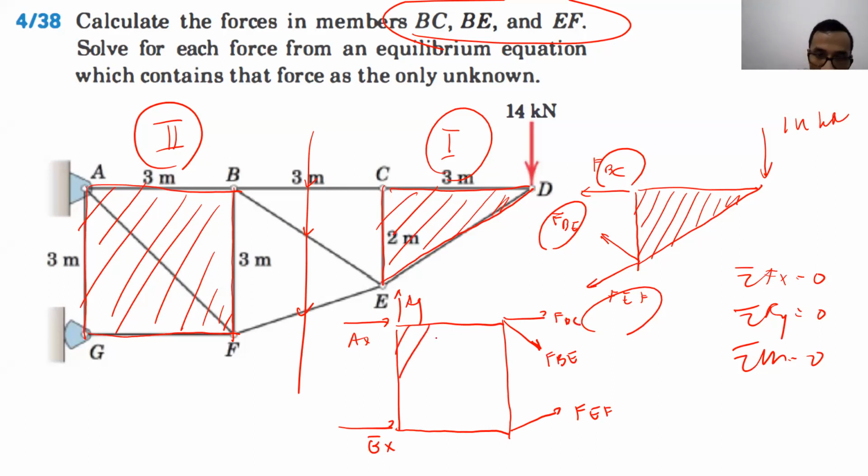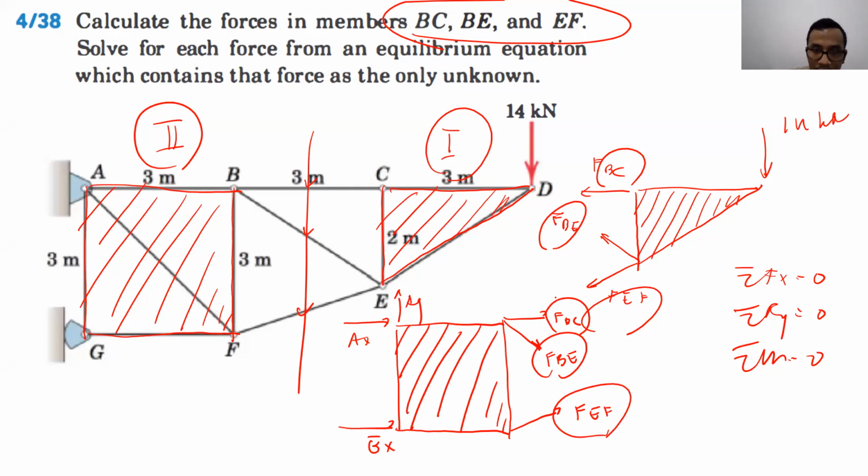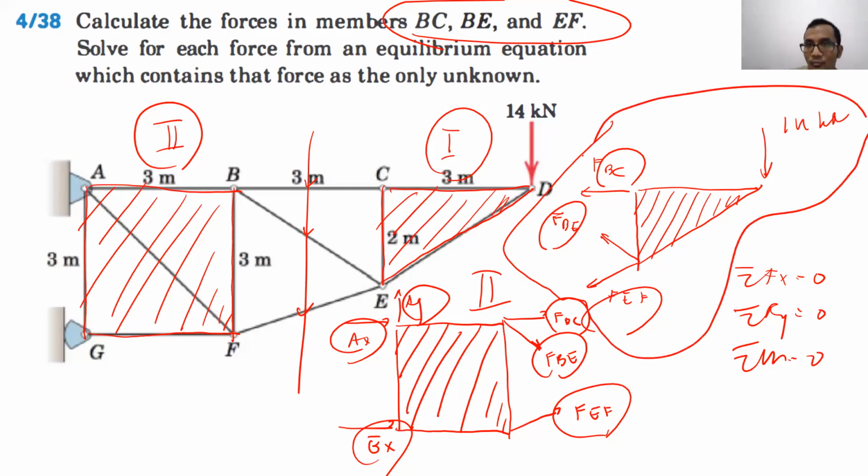Okay, but the problem with this one, these three unknowns are the same. But remember, AX, AY, and GX we haven't solved yet. So the second free body diagram on the left, we cannot solve without solving the external reaction forces. But for the first free body diagram, we can solve it directly. So for this case, the first free body diagram is the way to go, because it's much simpler. We don't have to solve for AX, AY, GX. We can solve directly for FBC, FBE, and FEF, like that.